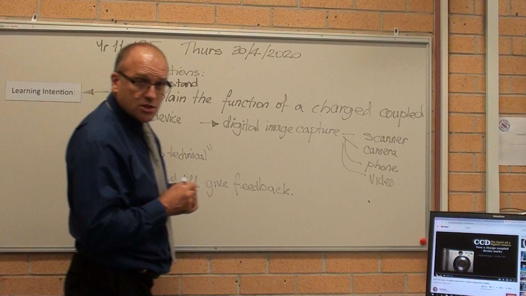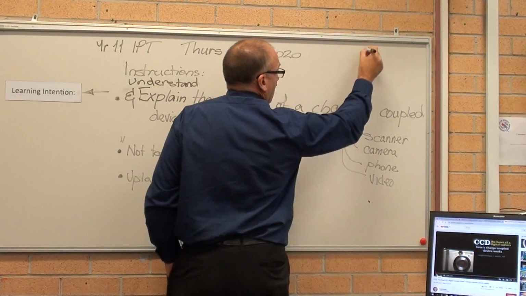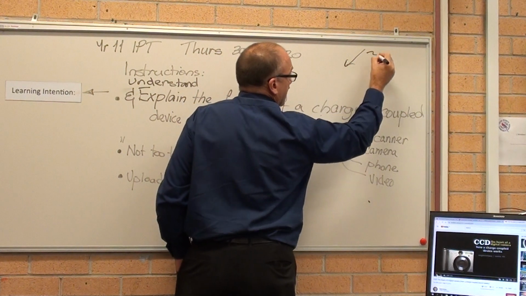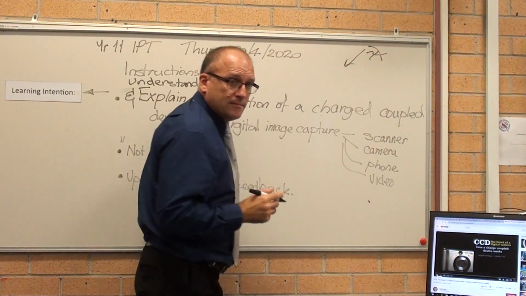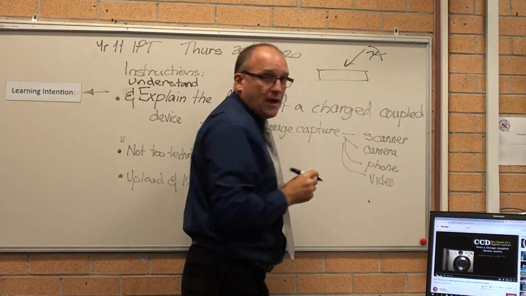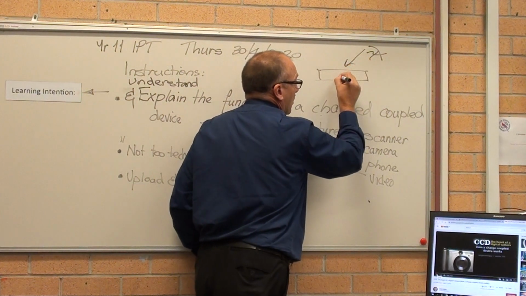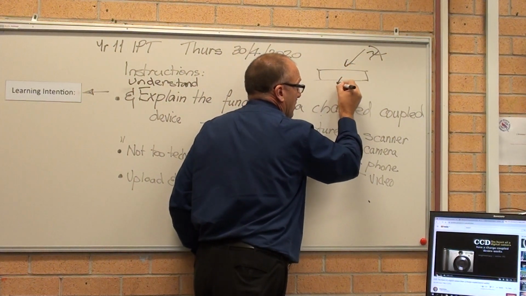How it actually works, just simply, light comes in, light has energy. It's called a photon. It hits a wafer of silicon, the silicon chip, and that photon knocks out electrons.